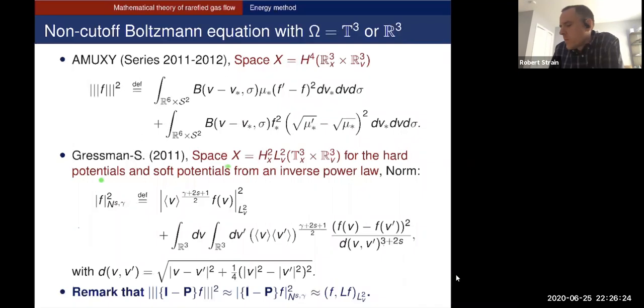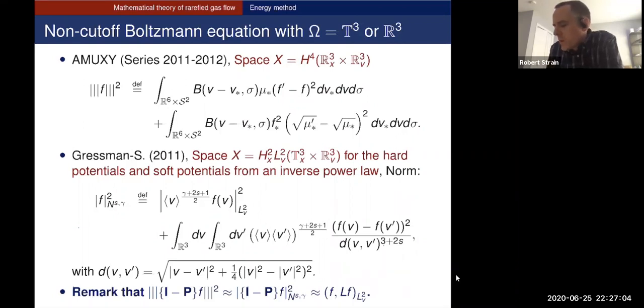And so for the hard potentials and soft potentials from an inverse power law, we use H2 intersect L2. So you use two derivatives in space. And we define this geometric fractional diffusion norm N^{s,gamma}. And so this characterizes the geometric diffusion, the non-local diffusion, of the Boltzmann collision operator in terms of this metric D, where D is the metric on the paraboloid in one higher dimension, R4 instead of R3.